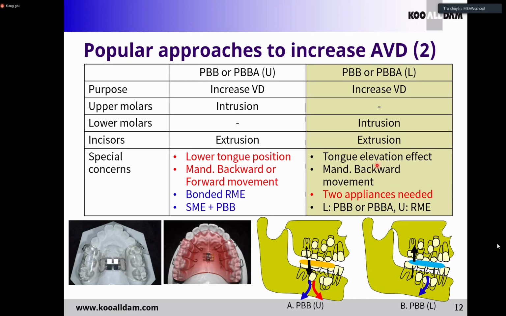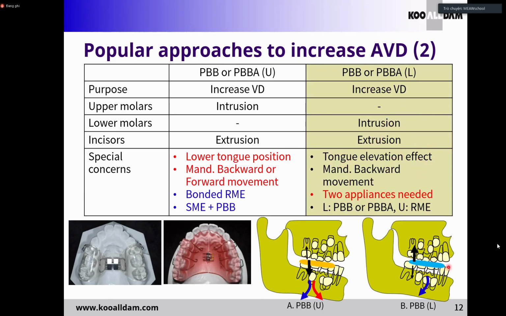On the other hand, when you use PBB or PBBA in the lower arch, what happens? Intrusion of the lower molar and also extrusion of the incisor. So intrusion of the lower molar is not good. However, in using this appliance in the lower arch, we can achieve a tongue elevation effect.